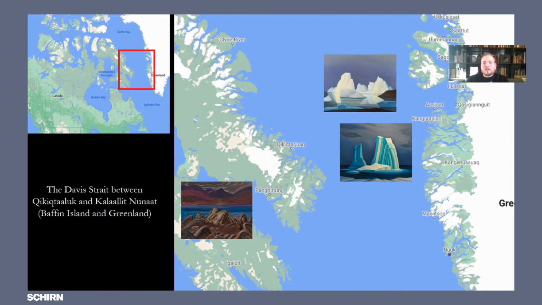So I just wanted to show this map to you, because sometimes when we think of landscape paintings as these vistas or postcard picturesque images, they're very often, ironically, disembodied from the places where they're made.